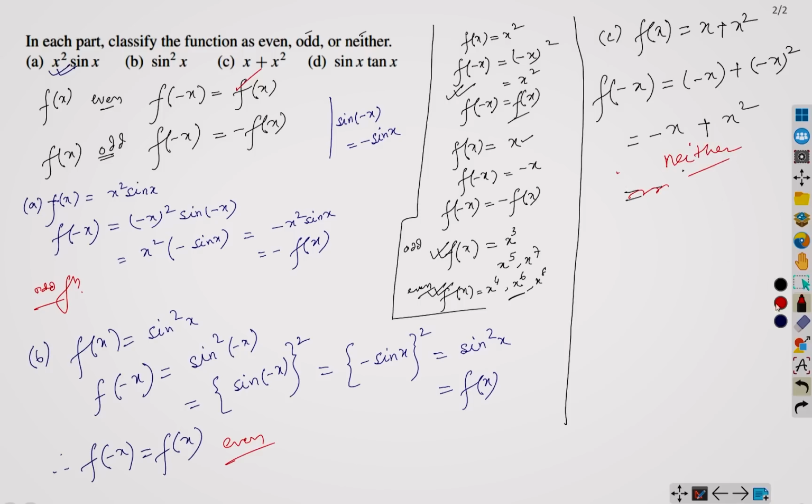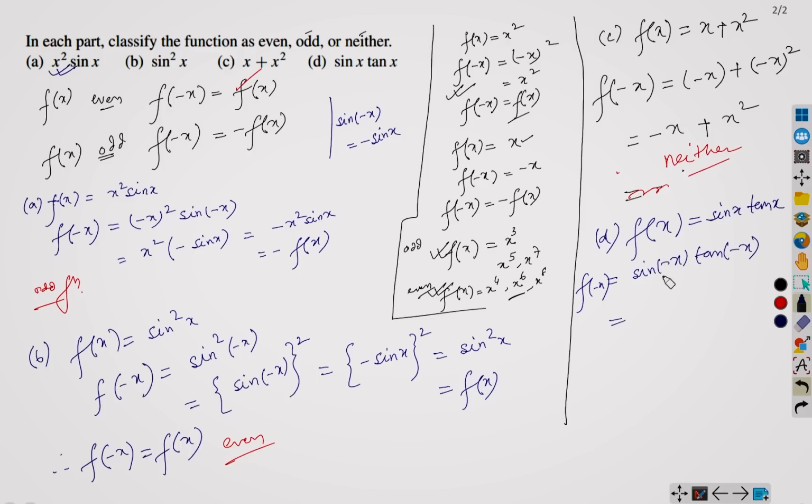The final problem D, let's take the same procedure. Sin x tan x. My handwriting is a little bit fuzzy, I think you guys still can understand. So f of minus x, we have sin of minus x, tan of minus x.